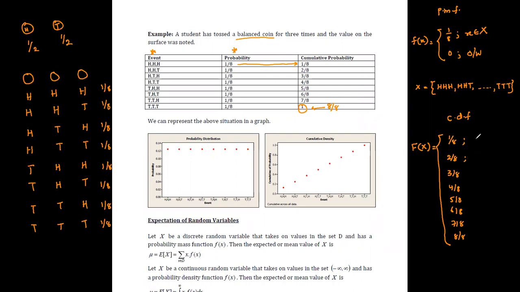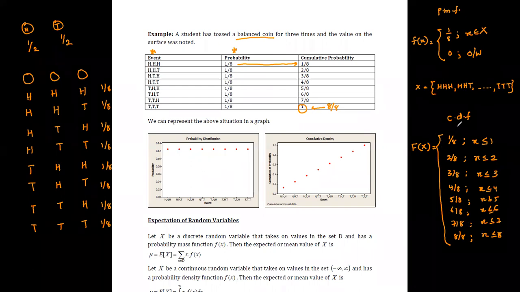Then we have to write down that when x is less than or equal to 1, we will get this value. When x is less than or equal to 2, we may get this. Likewise, we can fill up these values, and here it is x less than or equal to 8. That is how we are getting the values. Therefore, this is the cumulative distribution function for this given experiment.